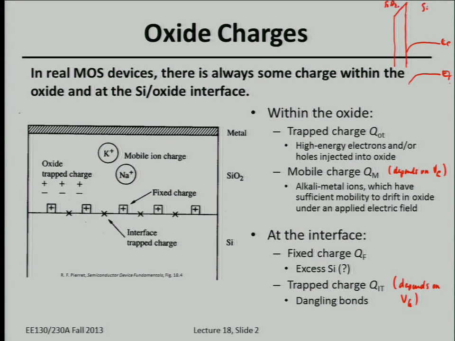Okay, so where do these charges exist energetically in this energy band diagram? For this trapped charge here, they actually exist sort of within the energy band gap. Okay, so for the oxide trapped charge here, generally they're somewhere up here. So this would be like trapped charges.